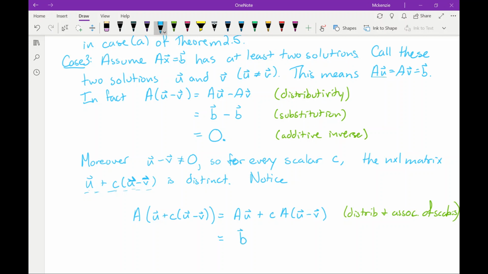That's what we have way up here, underlined in pink, plus c. Oh look, we also have that A times (u minus v) is equal to 0. So c times 0. So this is entirely substitution. But really, we just added 0, so b. We'll say that that's the additive identity.